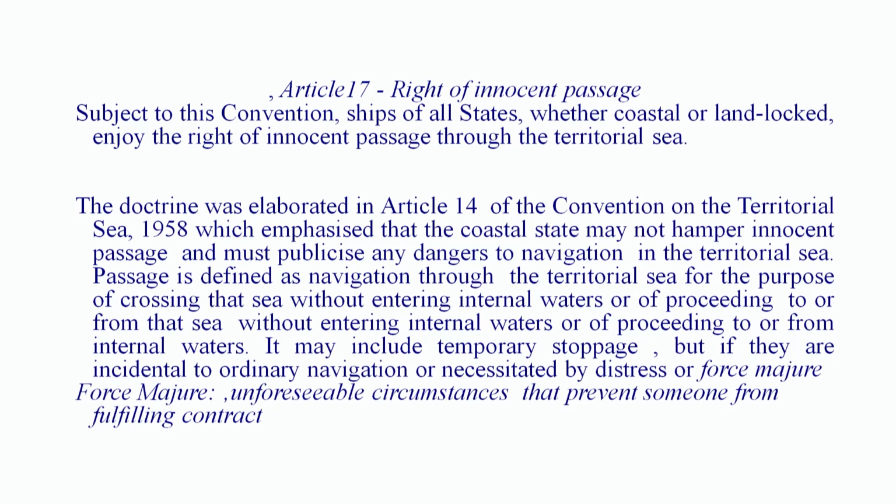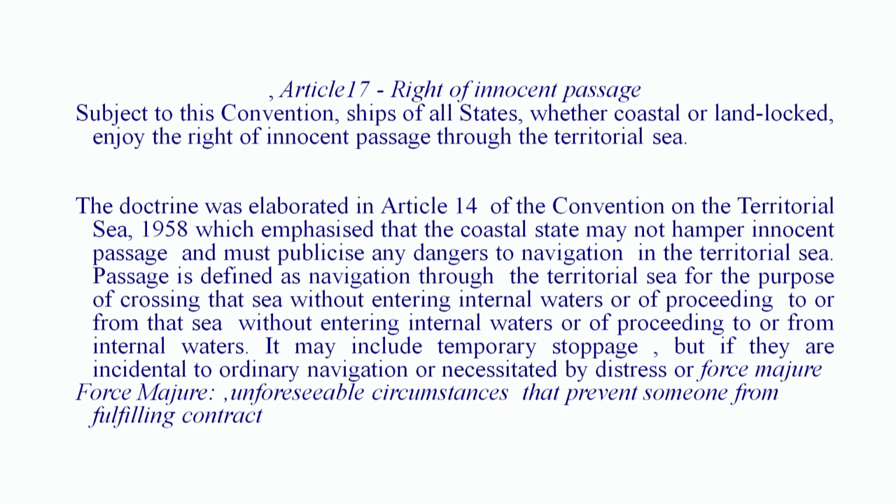Even during the earlier conventions, innocent passage got its recognition. In light of that, innocent passage got affirmation in the present UNCLOS. The 1958 convention is one such convention prior to UNCLOS.